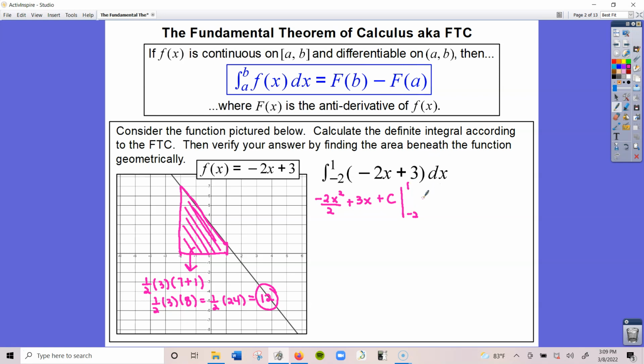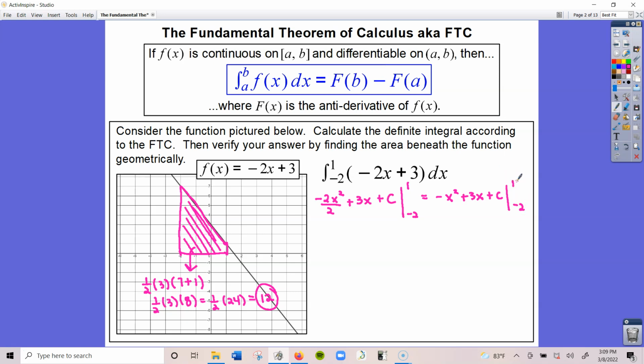So let me just rewrite this in a simplified manner. So this is negative x squared plus 3x plus c, and we're evaluating that from negative 2 to 1. So the FTC is f of b minus f of a. The top number is b, the bottom number is a.